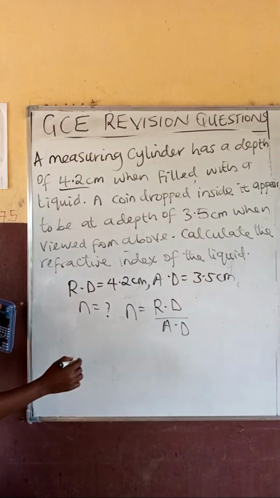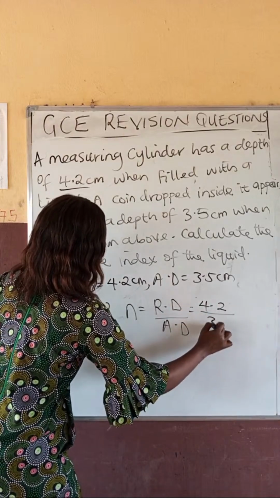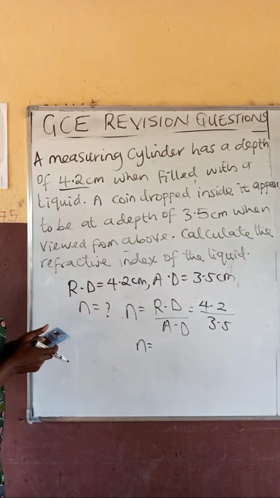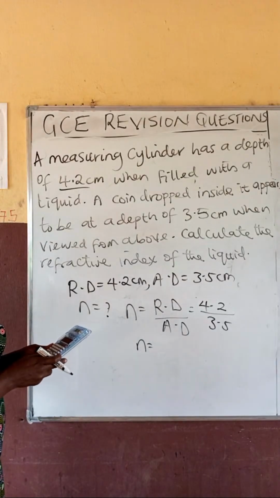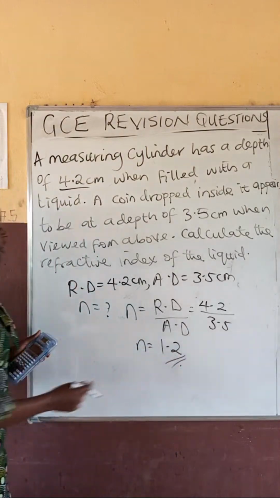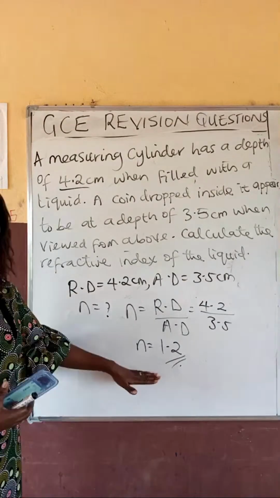Is that clear? Now this is 4.2 divided by 3.5. Let's work it out. 4.2 divided by 3.5, so my answer becomes 1.2. Is that clear? So the refractive index of this liquid is 1.2.